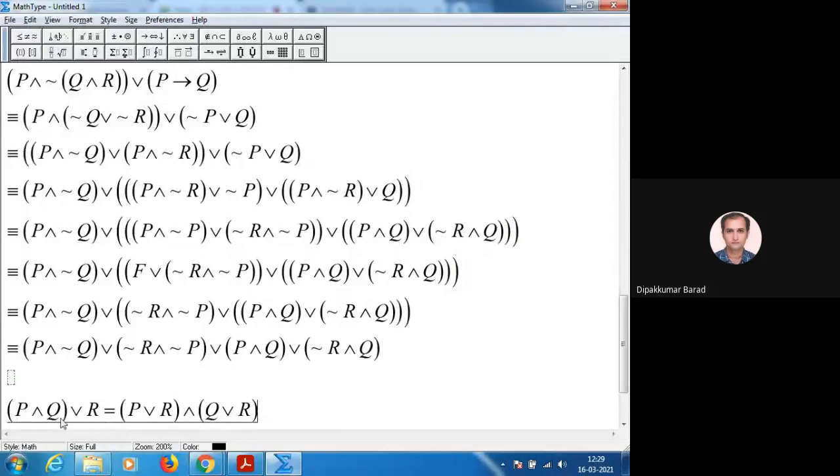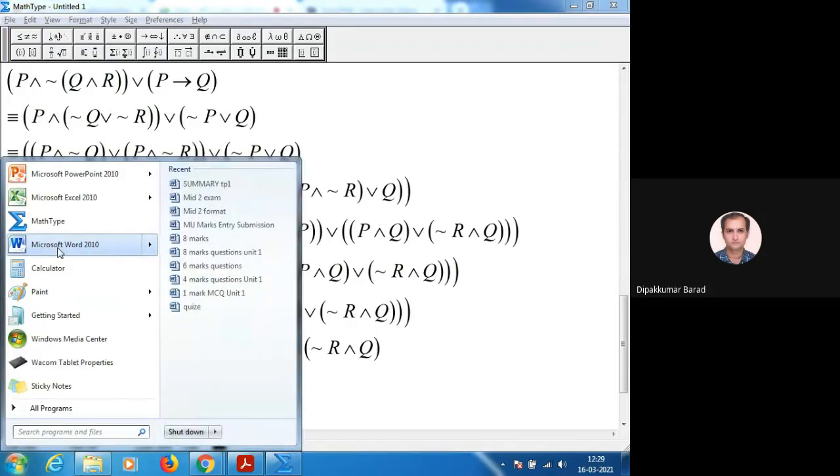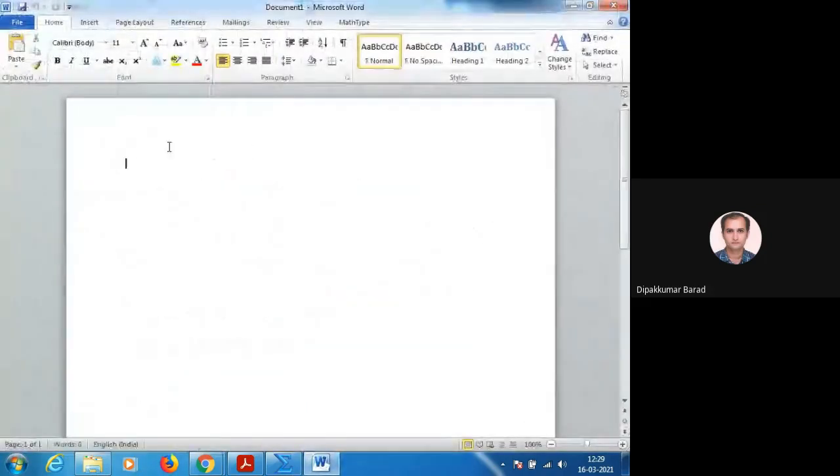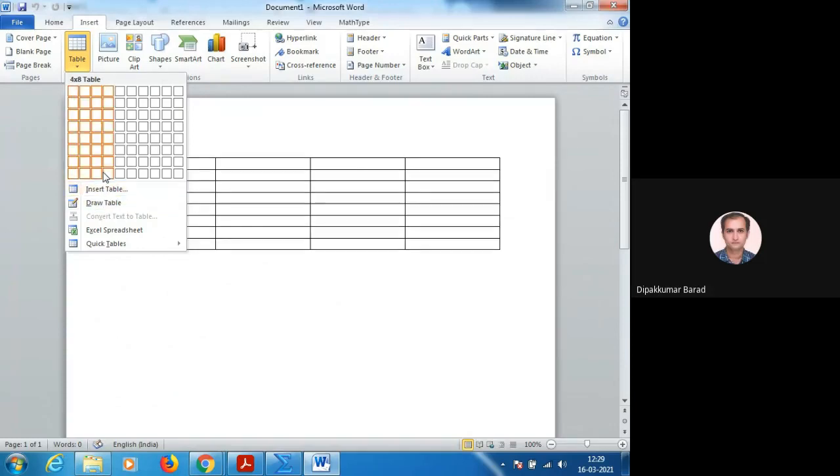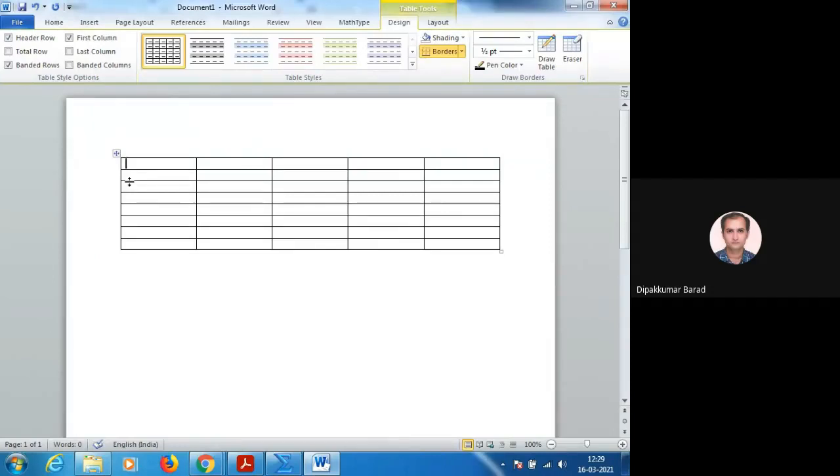So let us first check whether this is true. If we want to check the correctness of this, I draw a truth table. For that we have three statements, P, Q and R. So three statements.